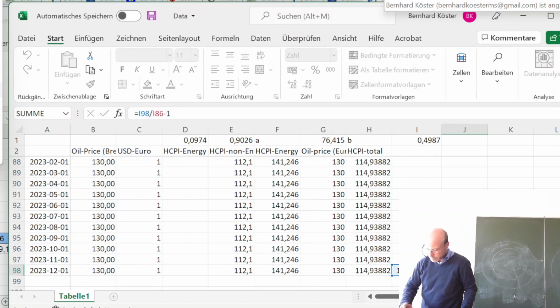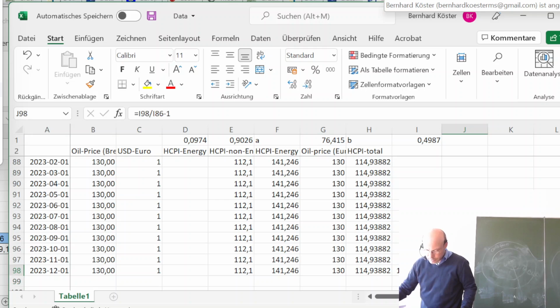Oh, percent. So then we can say that more or less around half a percentage point of inflation will come from the oil price movement for the next year.